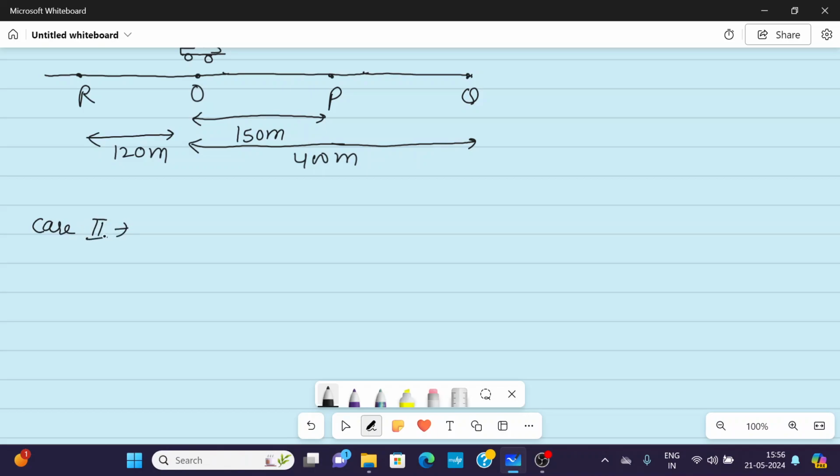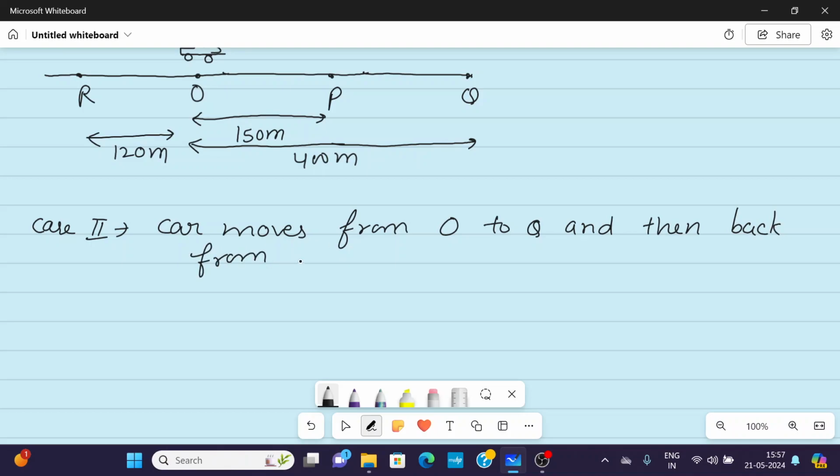In second case, when car moves from O to Q and then back from Q to P, here the initial position of car is at origin, which is at 0 distance from the origin, and final position is again at P, which is at plus 150 meter distance from the origin.